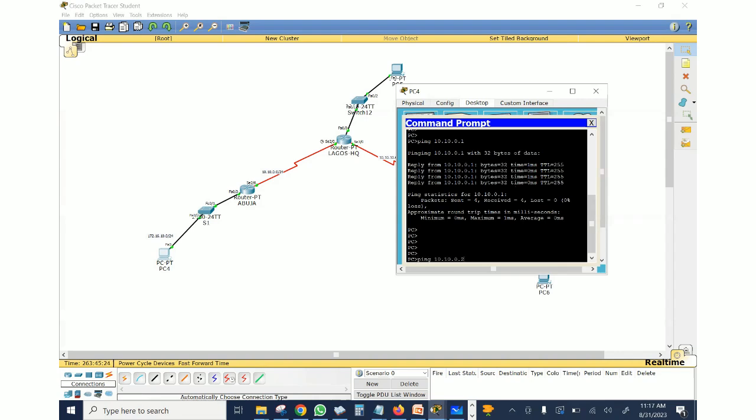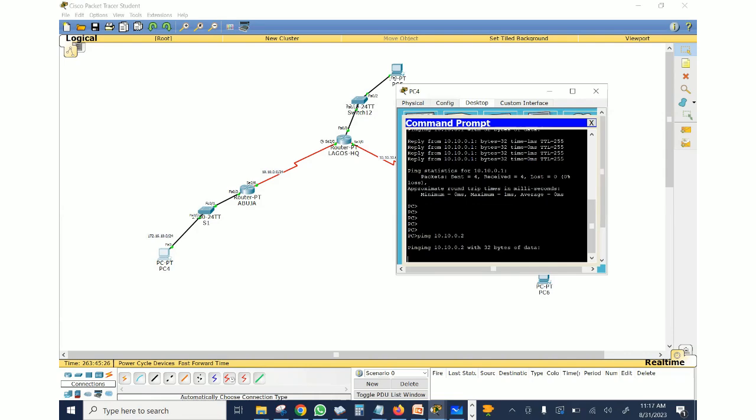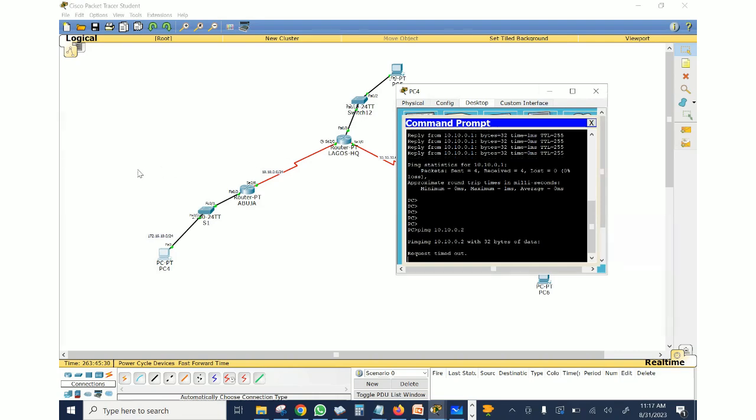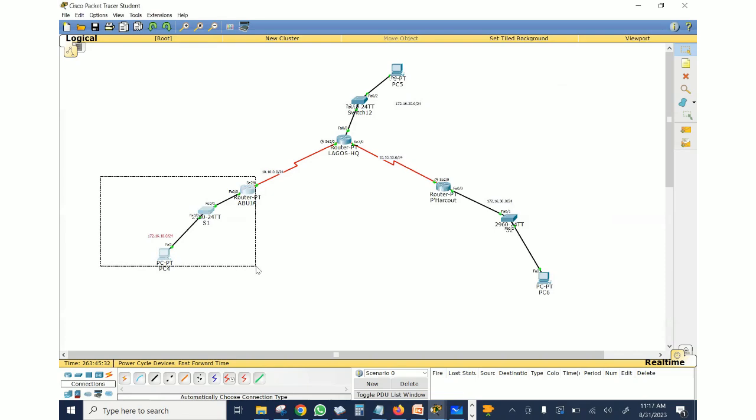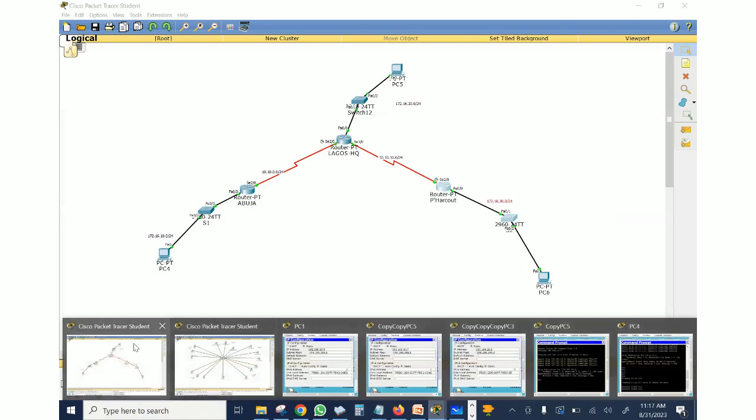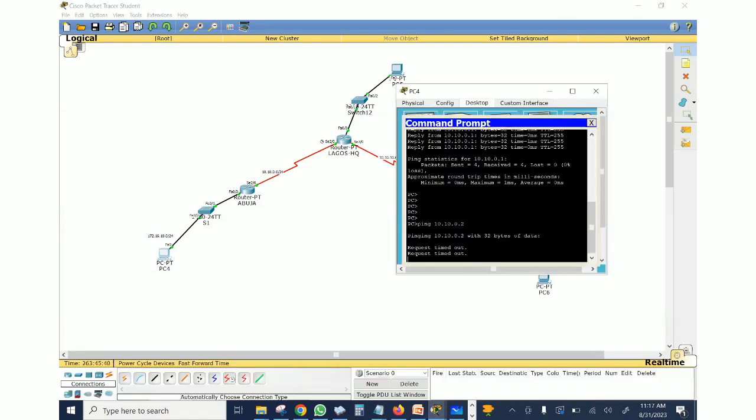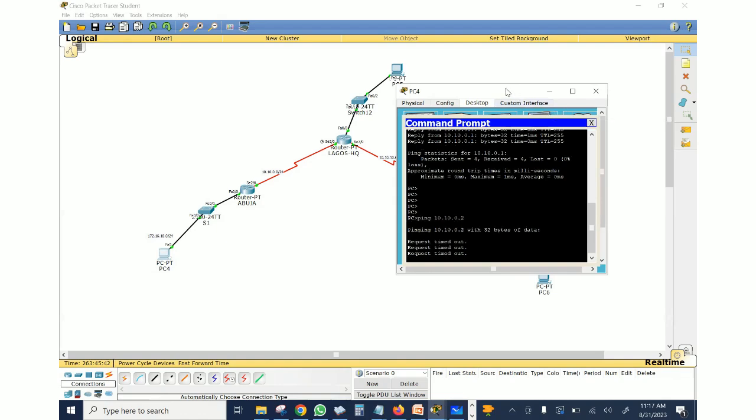That's a .2, right? It cannot. So these people can't go beyond their router. They can't reach this place, and they can't reach this place. Can you see? It's not going.